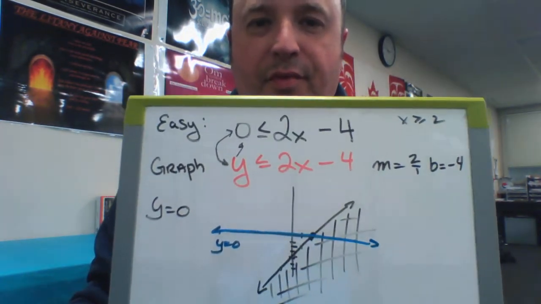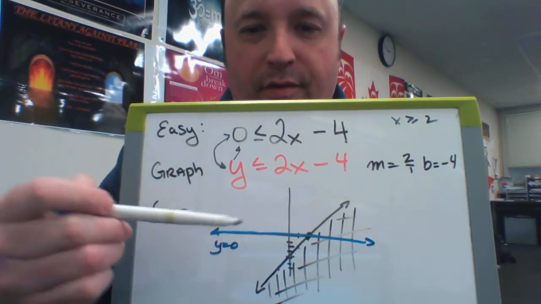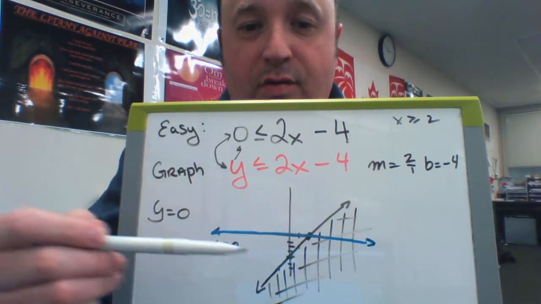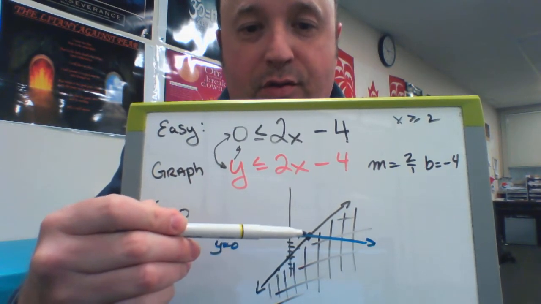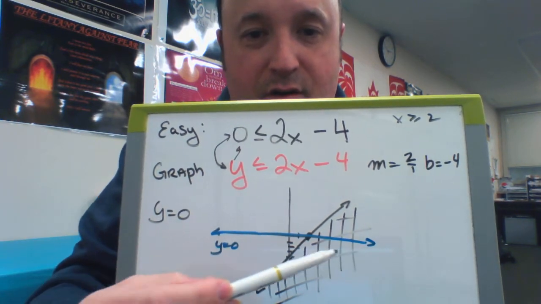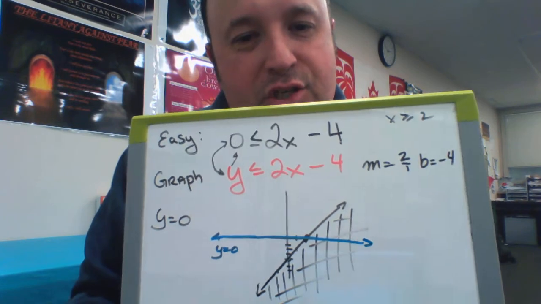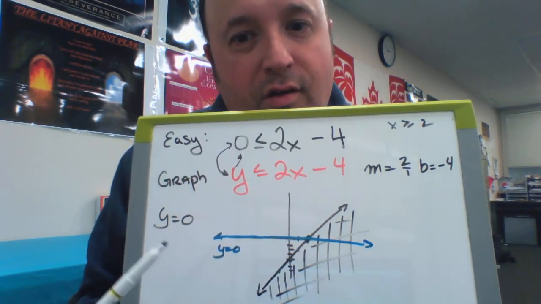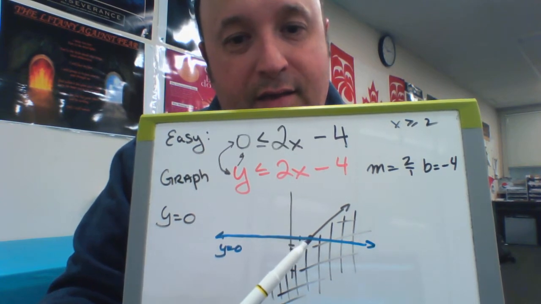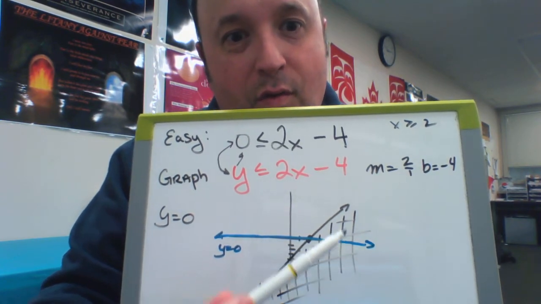I know some people might forget, when y is 0, all the y values on the x-axis have 0 values. So this would be like the points (1, 0), (2, 0), (3, 0), and most of the y values are 0. So this is your y-axis, and where is it shaded on the x-axis where y is equal to 0? Where is it shaded? When x is bigger than 2.